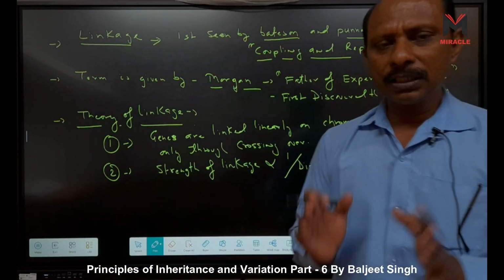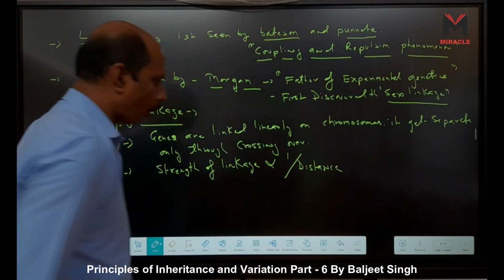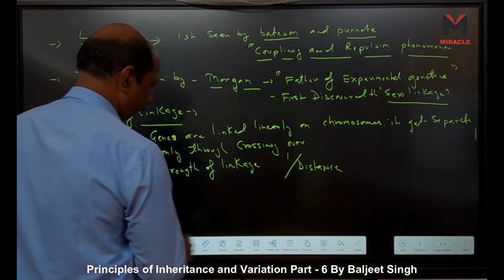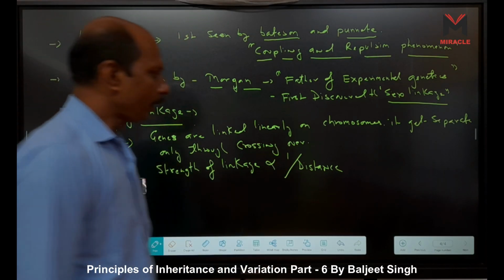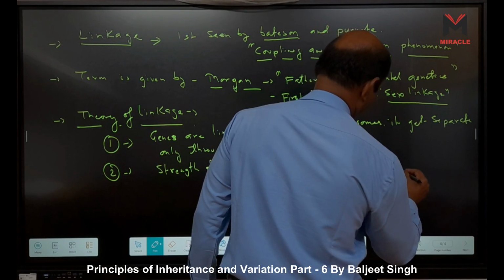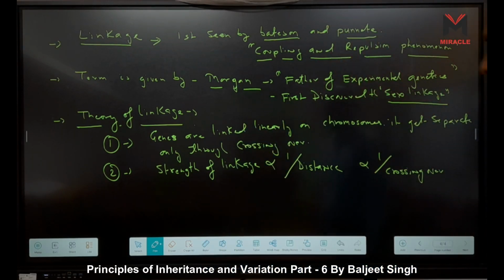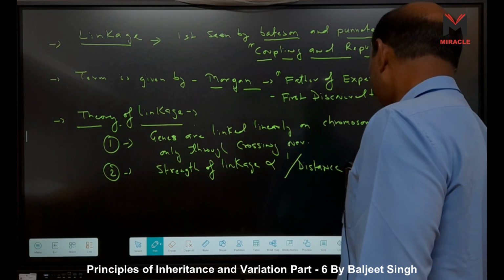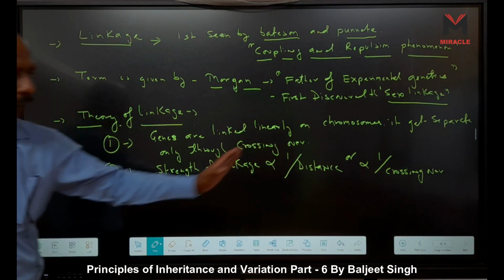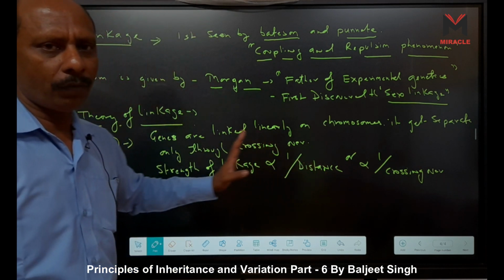Less distance means less possibility of crossing over. Do you understand? That means greater distance, greater possibility of crossing over. Less distance, less possibility of crossing over.